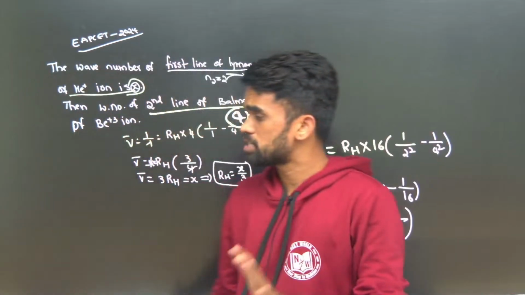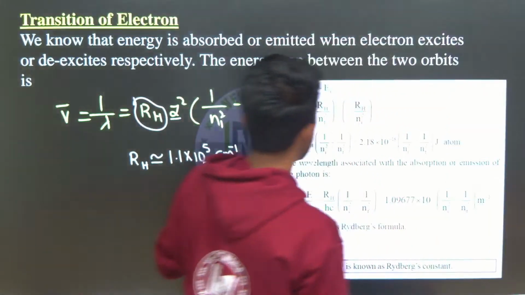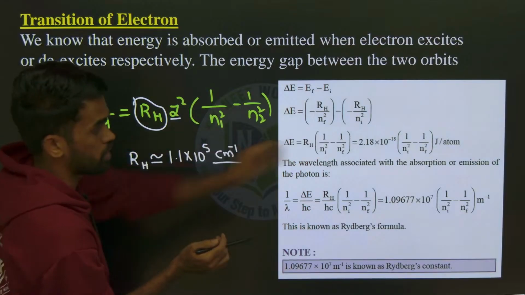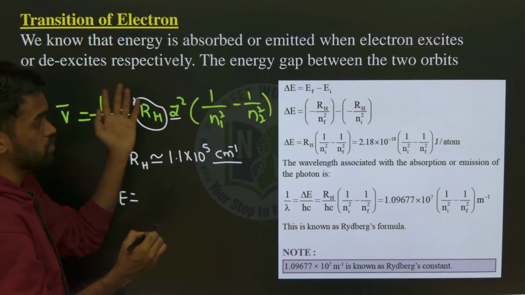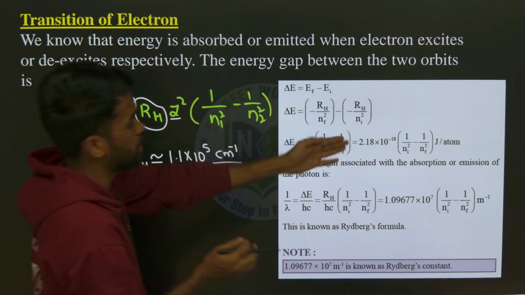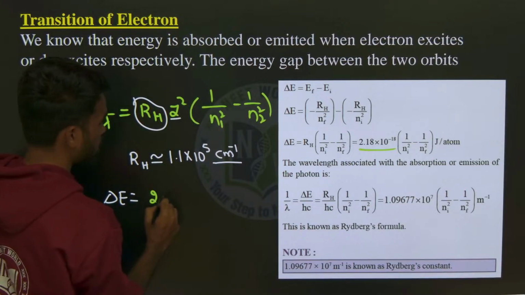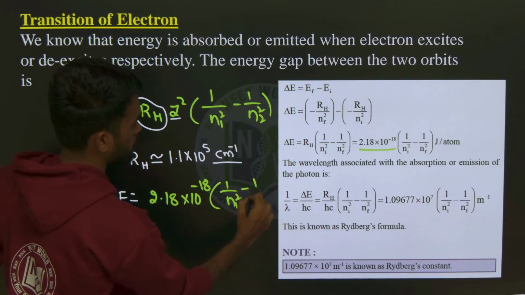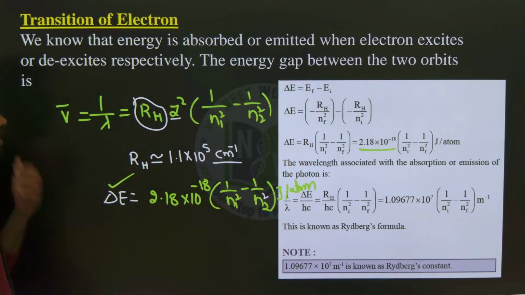I hope all the concepts we have discussed here are clear. Now I will tell you one more formula related to energy. Similar to the Rydberg equation, there is one more equation. When an electron falls from higher energy to lower energy, the energy difference is taken in joule per atom: 2.18 into 10 power minus 18, Z square, into 1 by N1 square minus 1 by N2 square, joule per atom.